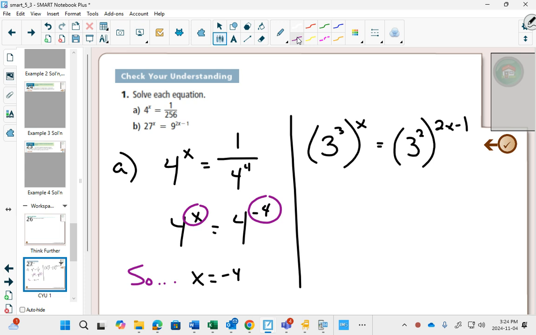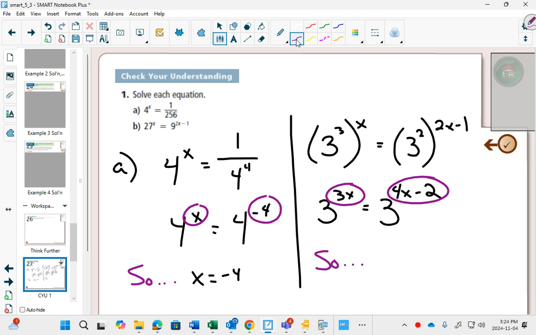And now we have to do our exponent laws. Here we would multiply and get 3x. Here we would multiply and you'd have to distribute, right? You'd get 4x minus 2. And now that your bases are the same, so the 3x has to equal 4x minus 2.